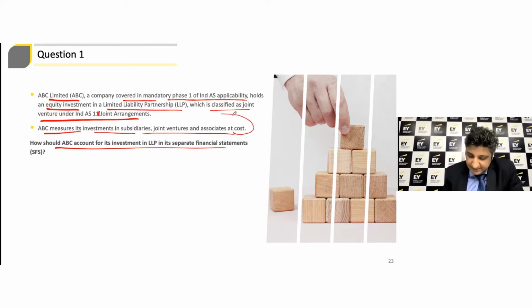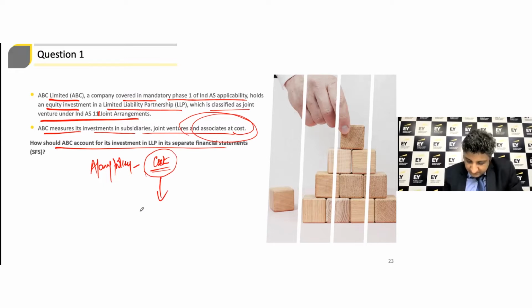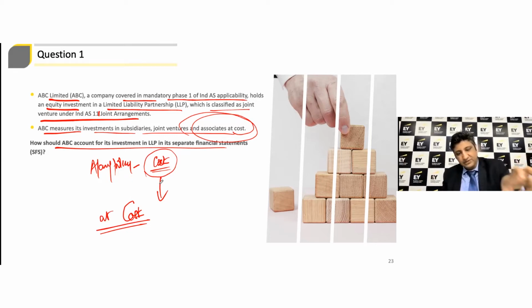Now, the moment it says the accounting policy is to measure all such investments, including that of a joint arrangement, at cost, then by default, this is the only option available. We talked about the basis, the type of investment that you have, be it a subsidiary, a joint venture, a joint operation, or an investment in associate.